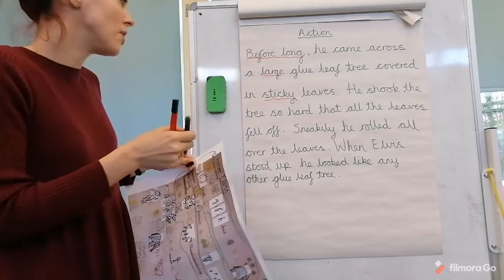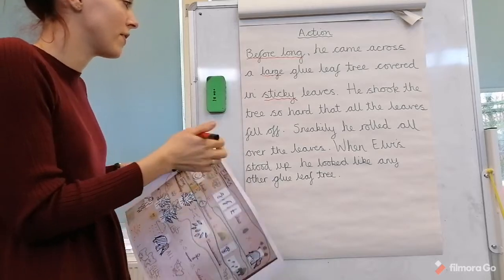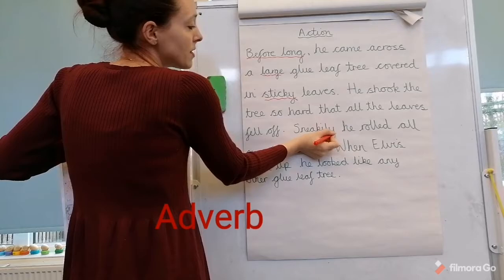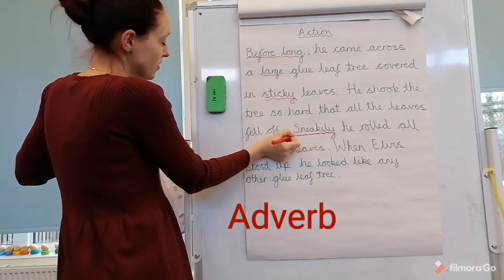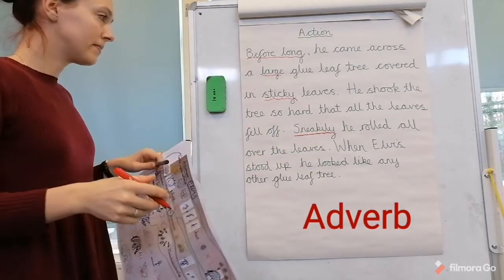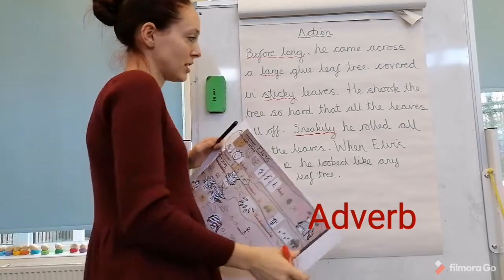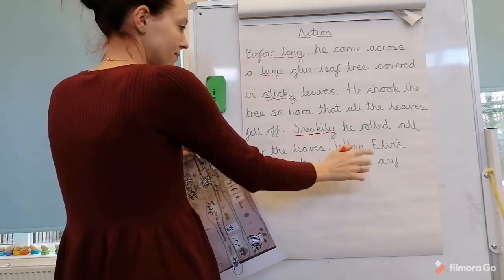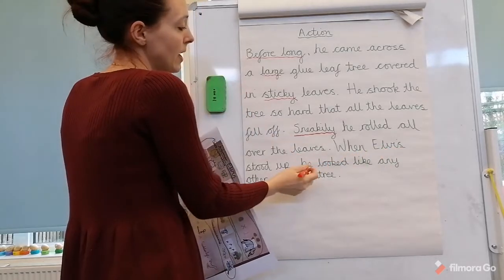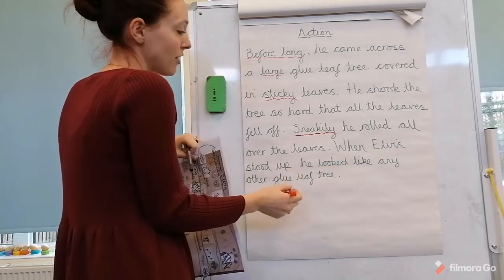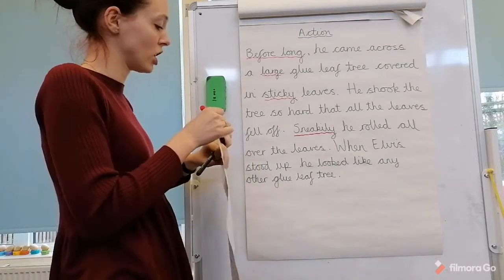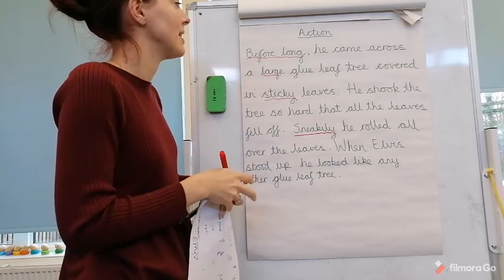He shook the tree so hard that all the leaves fell off. Sneakily, I thought sneakily was a good word to use because he is doing it in secret, doesn't want anyone else to know. Sneakily, he rolled all over the leaves. When Elmer stood up, he looked like any other glue leaf tree. So he is now completely camouflaged. Nobody will spot that it is him.